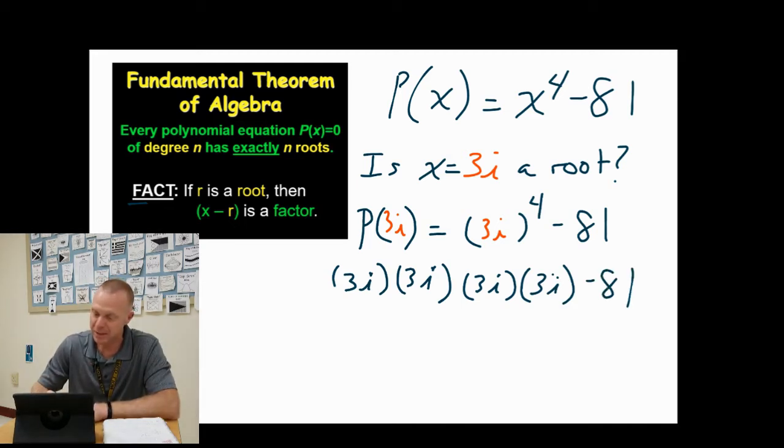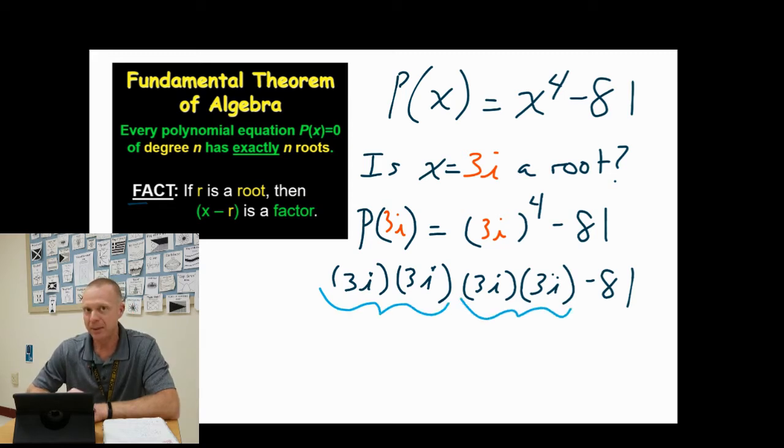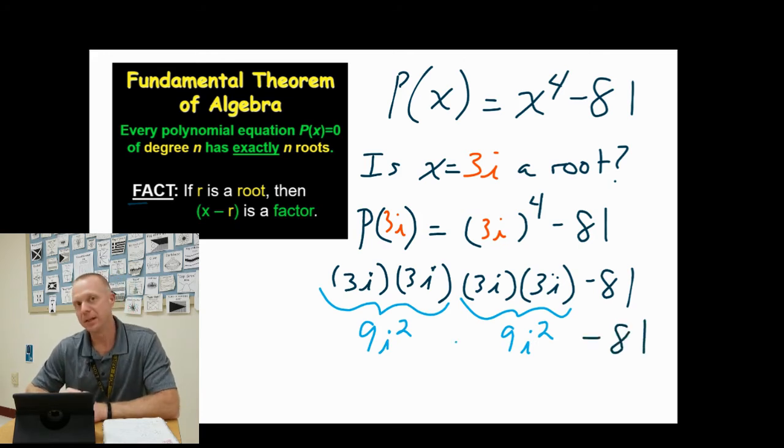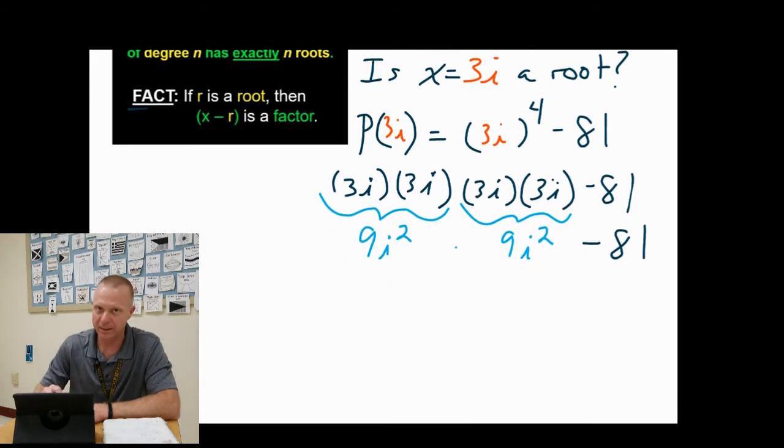Now, I'm doing this because if I put them in groups of 2, I end up with a significant math value. Now, it's going to be 9i squared, but does that i squared kind of ring some bells to you? i squared, well, it's a math fact, is always equal to negative 1.